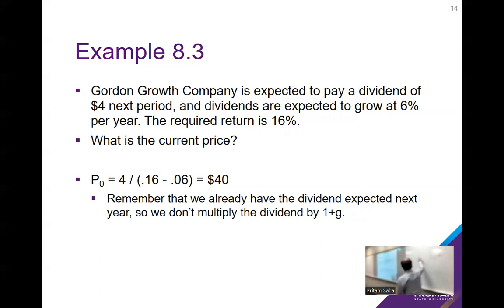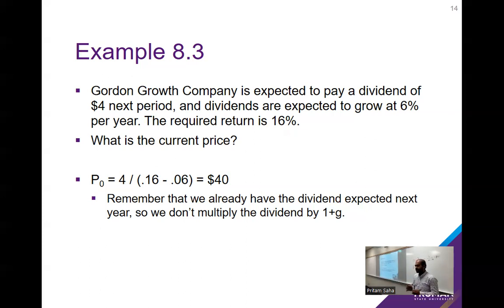Price at 4 here, so this should be the formula. Make sense? We need D5, dividend 5. We know dividend 1, but we need D5 because we want the price at year 4.